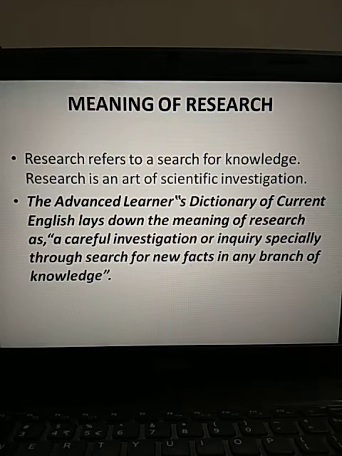Business comprises four core units: the finance department, the human resource department, the production and operations department, and finally the marketing department. In every department, research is mandatory. From where to have the funds, where to invest the funds, how to mobilize the funds, all this comes under research activities in the financial area.